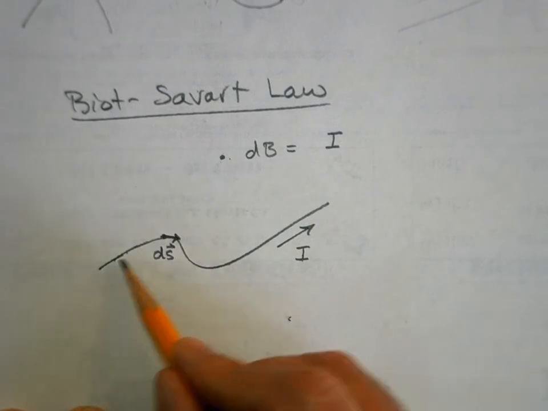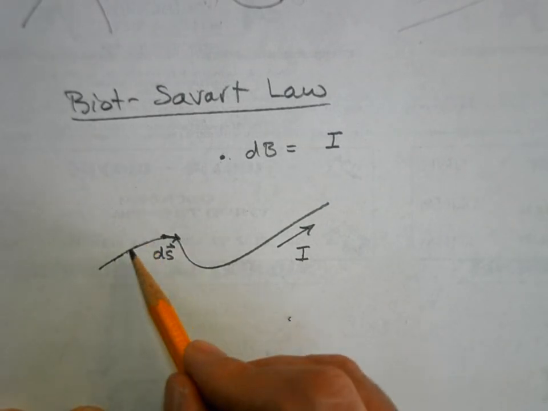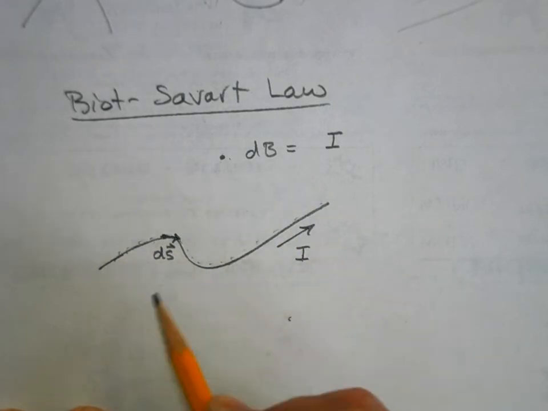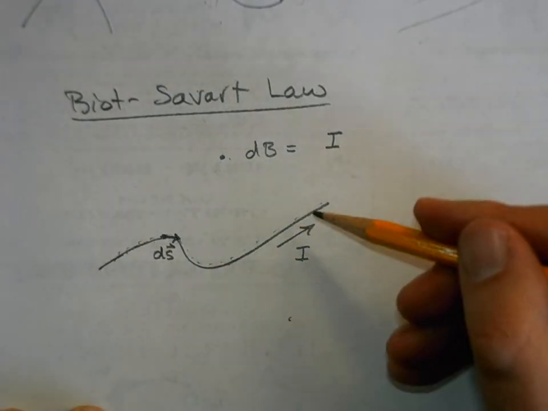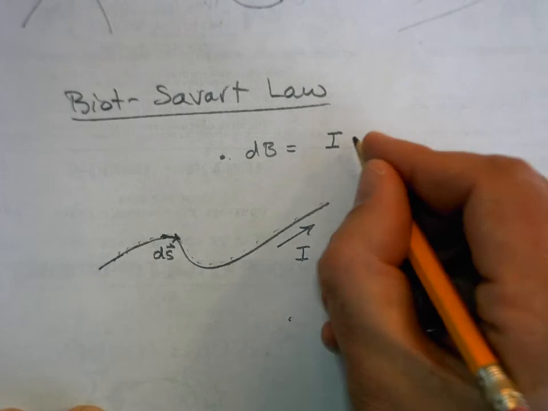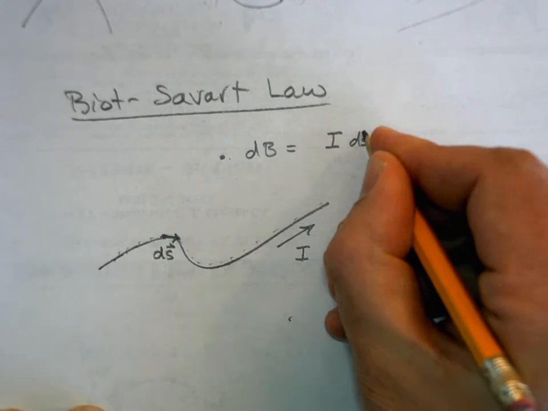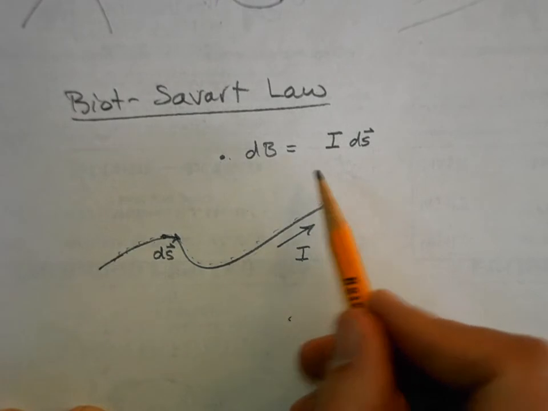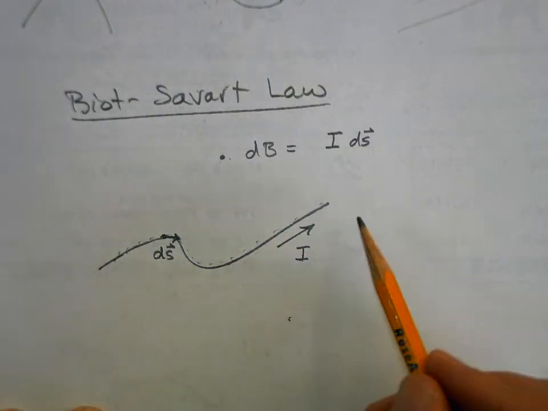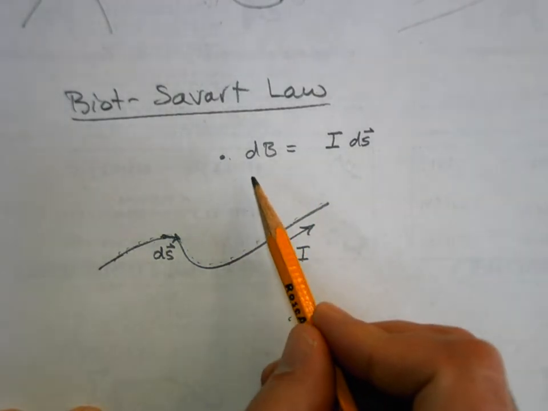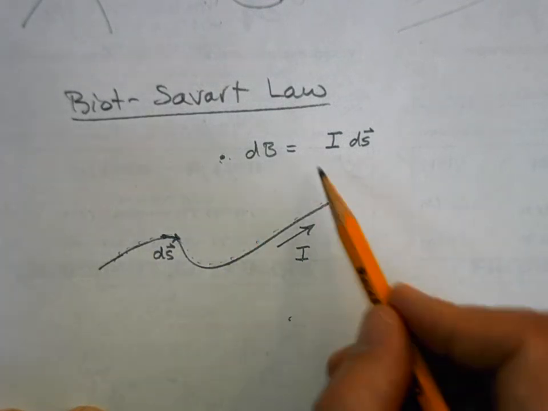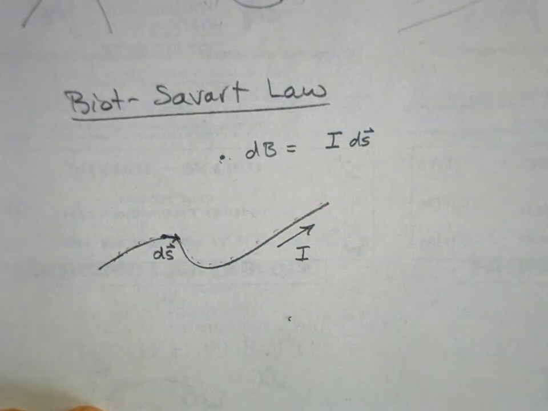We're going to integrate eventually, but wouldn't you expect the longer the wire, the more magnetic field there is? Yes. So it does depend on the length of the wire, represented by ds. Again, we're going to integrate over the whole length of wire to get the total magnetic field at that point, but for right now, we're just looking at an infinitesimal piece of it.